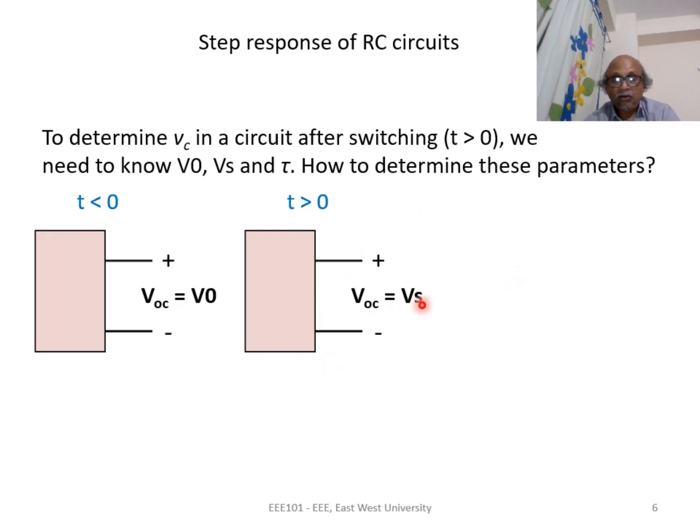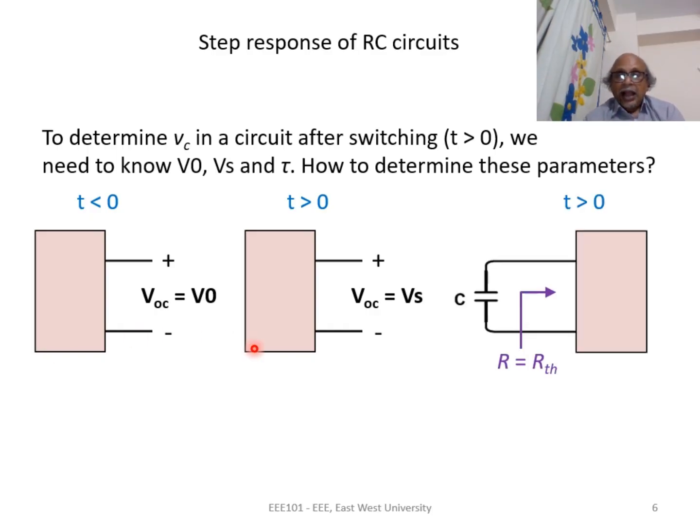This voltage is now the final value Vs. So for finding V0 and Vs, in both cases the capacitor is treated as open circuit, but V0 is obtained from the circuit for t less than 0, whereas Vs is obtained from the circuit for t greater than 0.